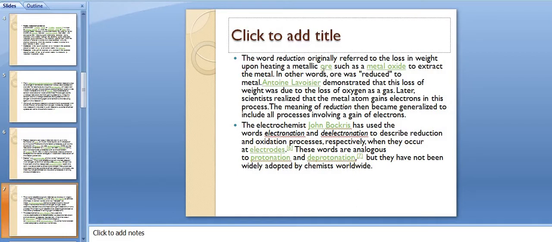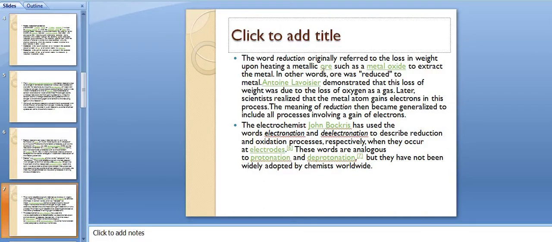In other words, ore was reduced to metal. Antoine Lavoisier demonstrated that this loss of weight was due to loss of oxygen as a gas. Later scientists realized that the metal atom gains electrons in this process. The meaning of reduction then became generalized to include all processes involving a gain of electrons.